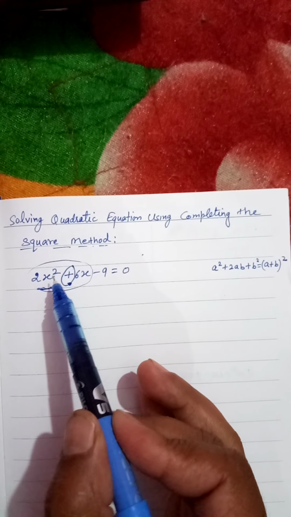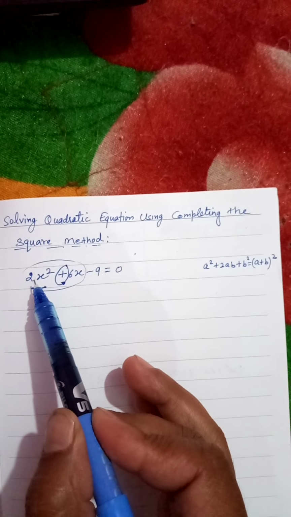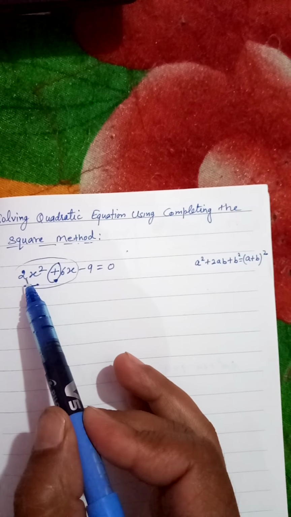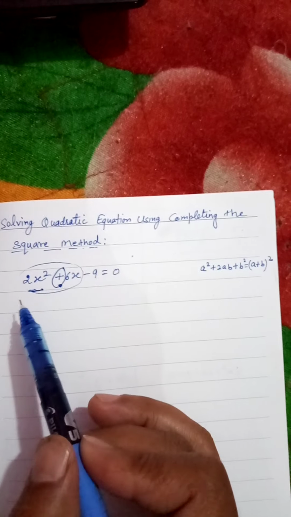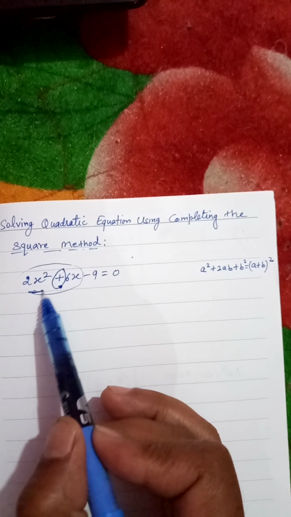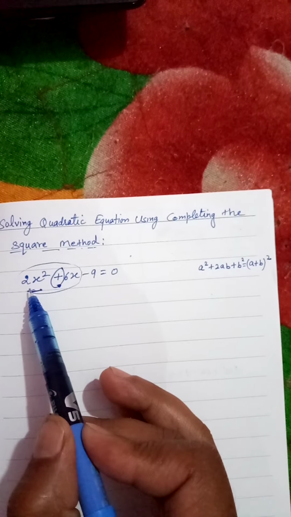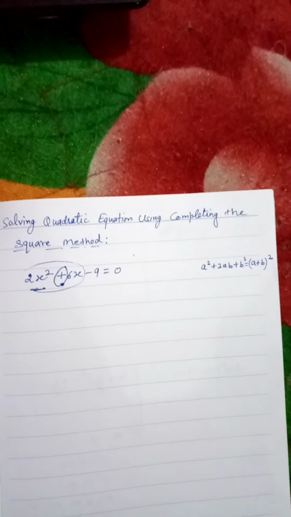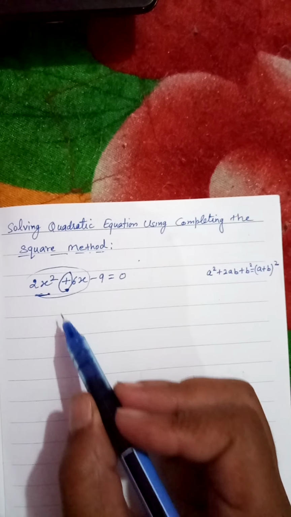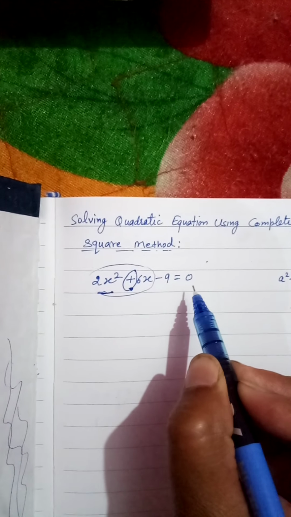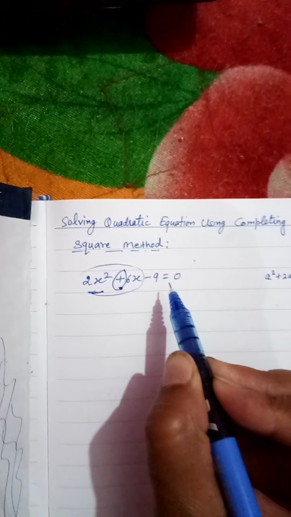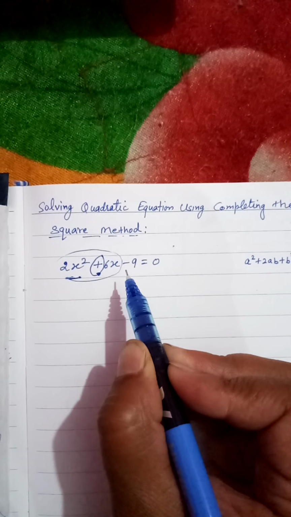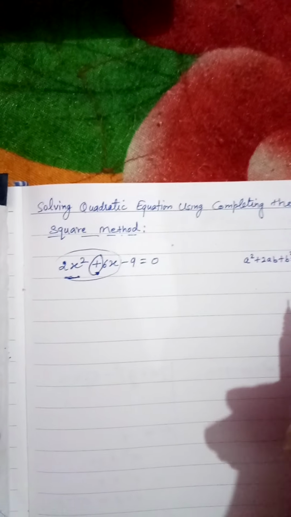If the coefficient of x square is 1, then it is a perfect square. If the coefficient of x square is other than 1, then you have two ways. One, make that a perfect square, or second, divide the whole equation by the coefficient of x square. I suggest you go with the second way because this is easy and easy to memorize also.